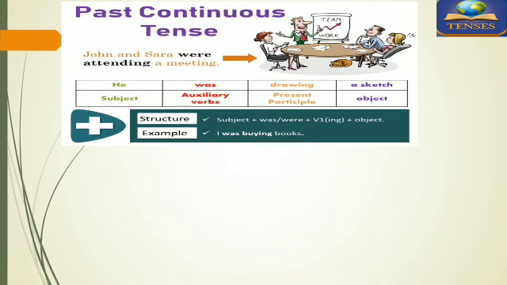Second one, he was drawing a sketch. He is the subject, was is the auxiliary verb, drawing is the present participle, a sketch is the object. Here was and were help the main verb to make the continuous form. They are auxiliary verbs.